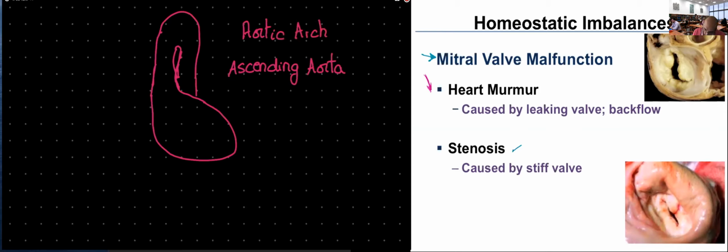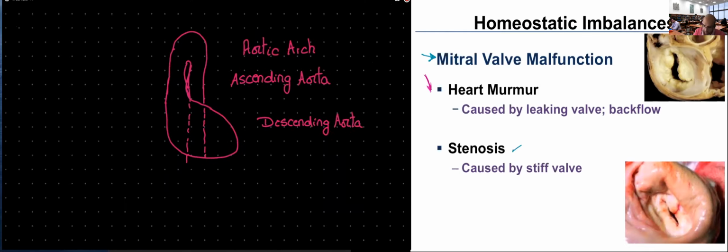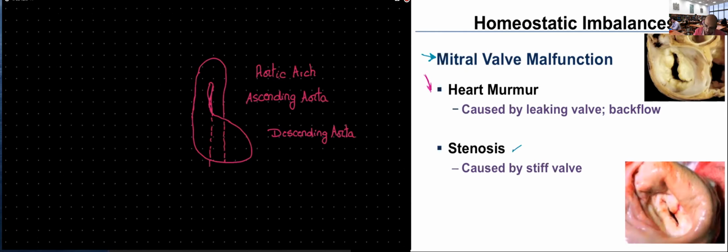And part of the aorta, as you see on here, is going to be traveling down. This is the descending aorta. And as you see, it travels first in the chest. So we're going to call the part of the descending aorta that travels in the chest my thoracic aorta.